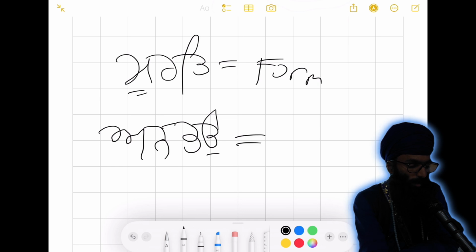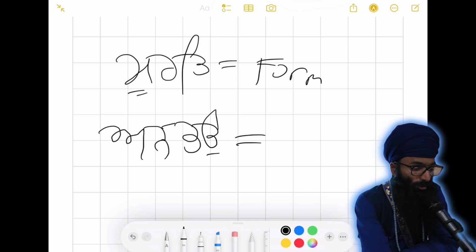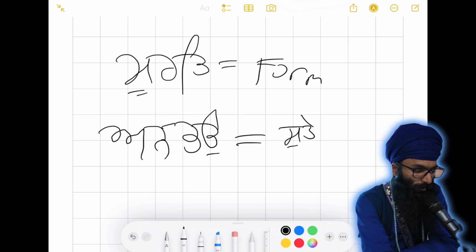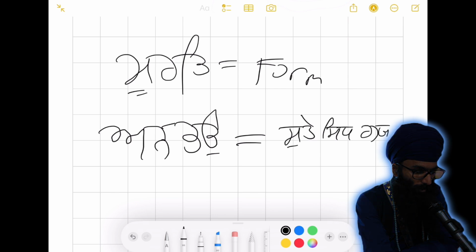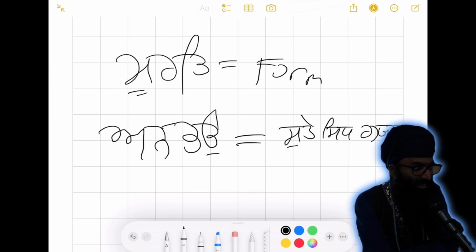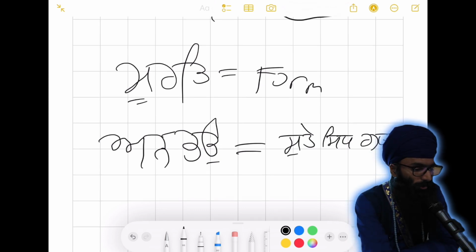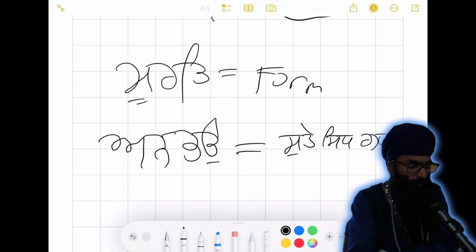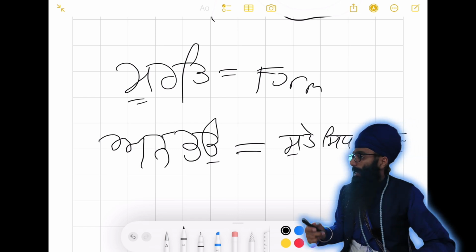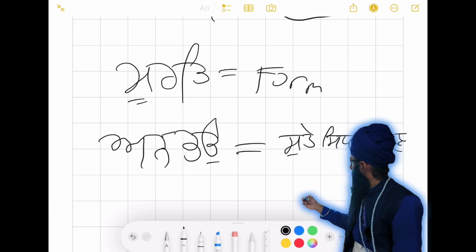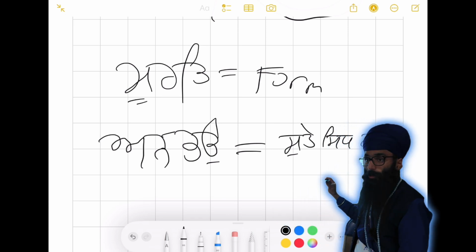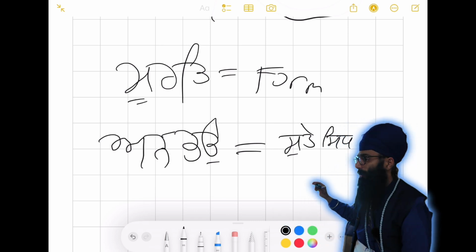Okay, Anpo. Anpo means Sutte Siddh Gyan. I'll explain that. Sutte Siddh Gyan means, and I'm trying to again use words that you hear in Katha, that type of knowledge, because Gyan means knowledge, that comes Sutte Siddh.